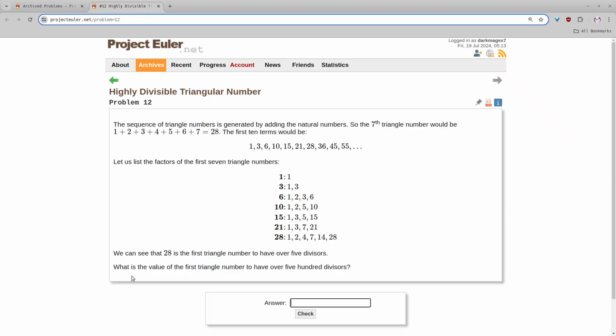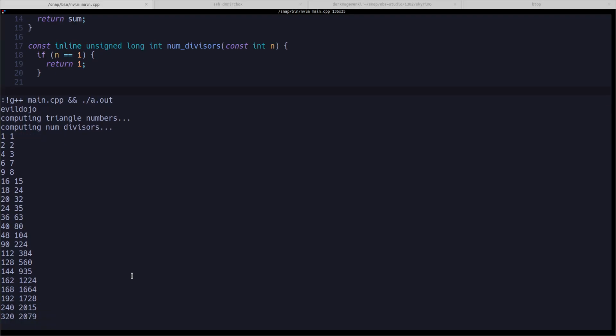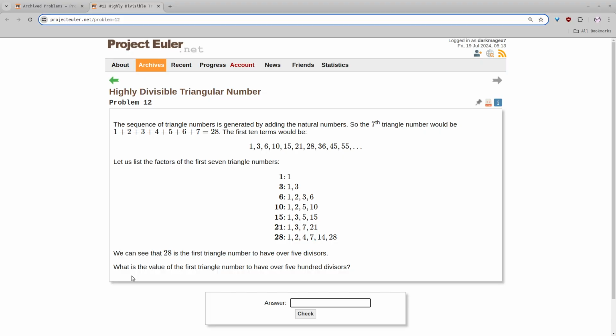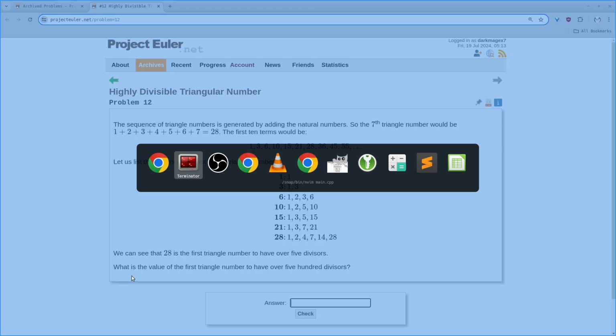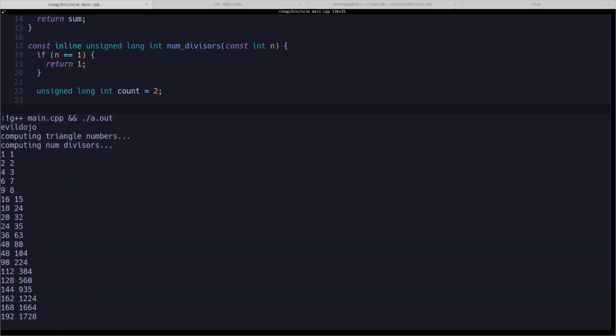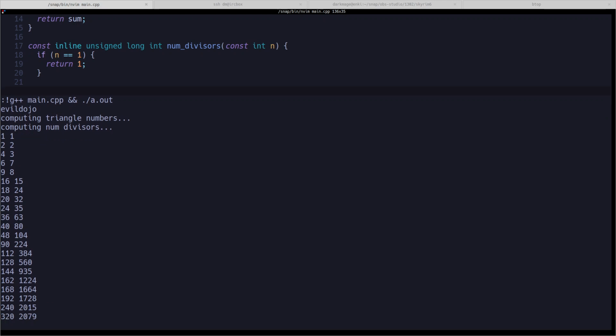Okay, 1, 2, 4, 6. No, it should be 1, 2, 4, 4. Oh, those are the new maxes. Okay.